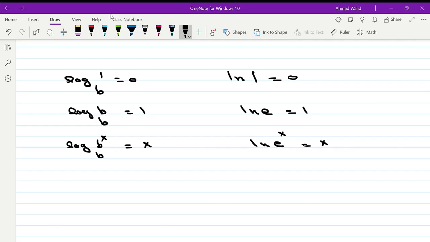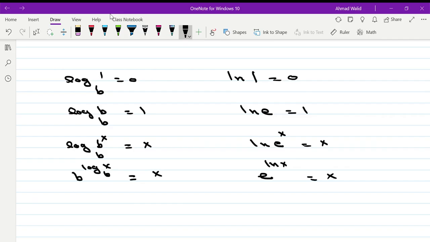Or the fourth rule that we have for logarithm, b to the power of log x base b, your answer was x. Here, e to the power of ln x, your answer is always what?